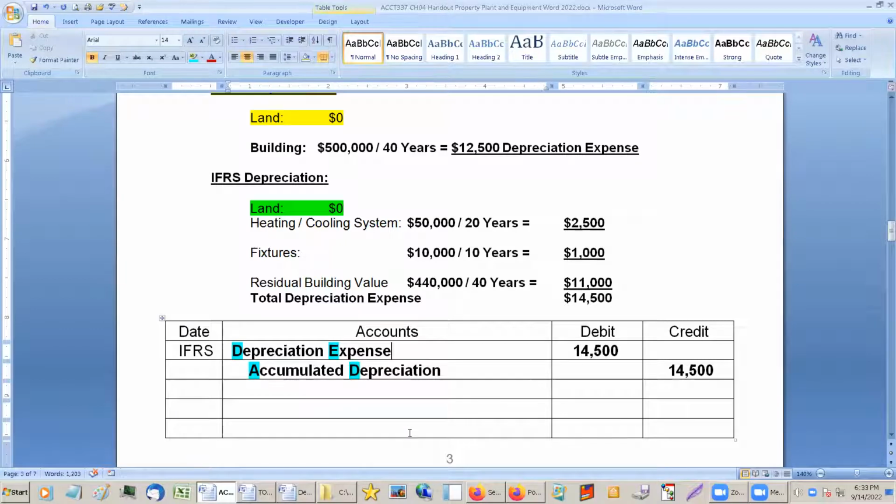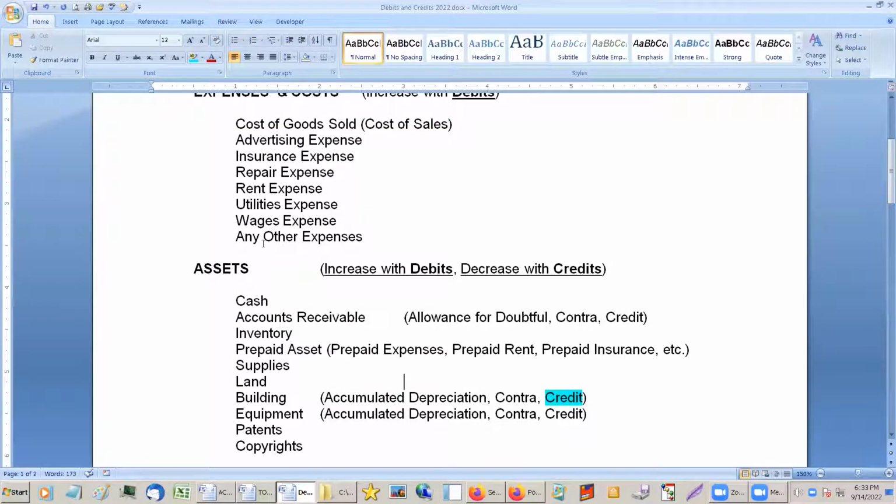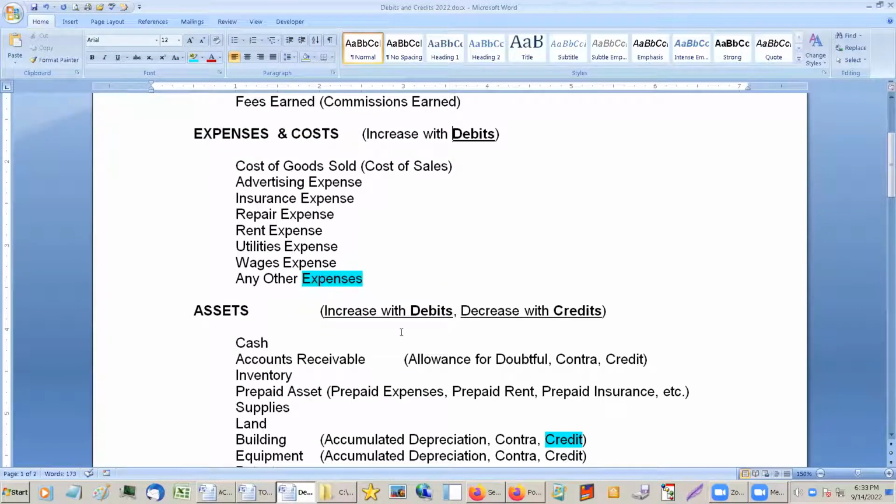This is a normal journal entry that you'd have. And if you look on here, the accumulated depreciation is going to be a credit. In my foolishness, I didn't put depreciation in here, but any other expenses would be there, and those are going to be debits usually.